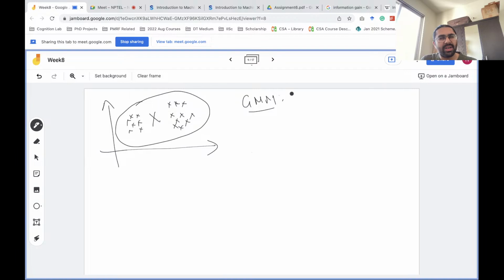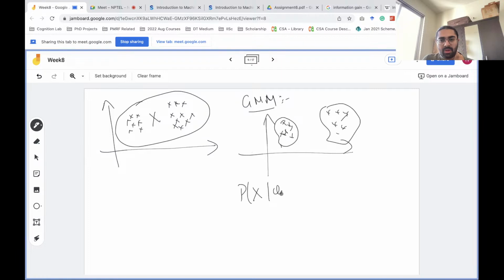The idea here is that I will have multiple Gaussians to model a single data set, right? So I'll say, okay, I have these classes here. These are from one Gaussian, and this is from another Gaussian. So basically, your data given this class is a combination of two Gaussians.